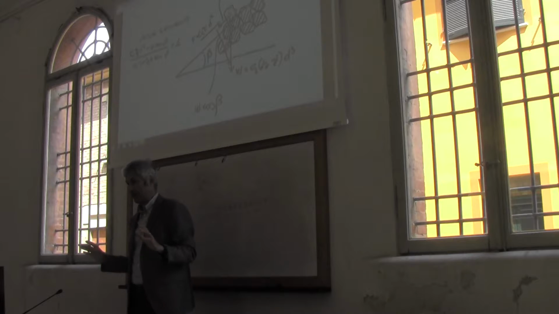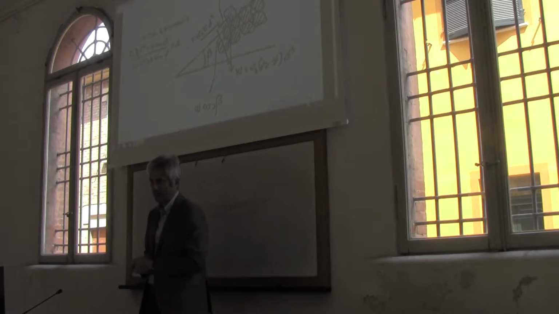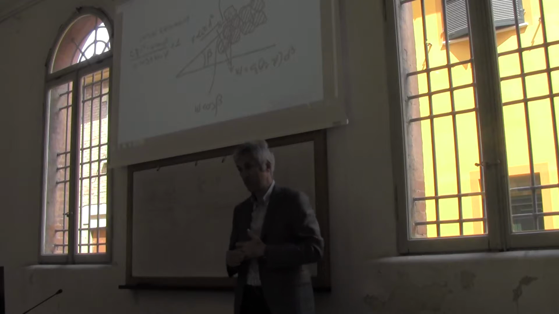You all know that when a body is immersed in water, its weight is reduced by subtracting the specific weight of the fluid in which the body is immersed. This is Archimedes' principle. And this explains why boats can float, can navigate, and don't sink unless they get filled by water.